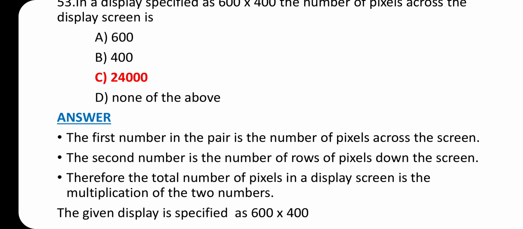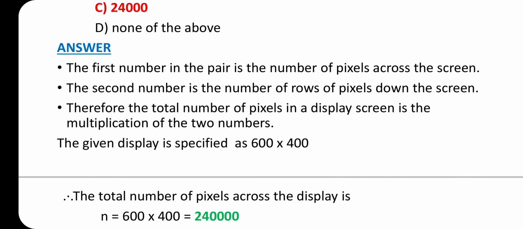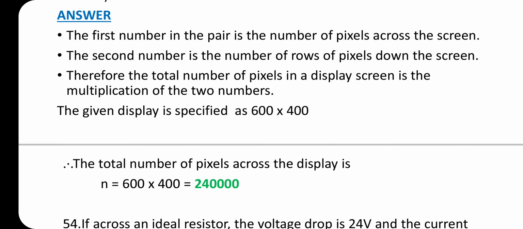Note, the first number in the pair is the number of pixels across the screen, that is here 600. And the second number, which is 400, is the number of rows of pixels down the screen. Therefore, the total number of pixels in a display screen is the multiplication of the two numbers. The given display is specified as 600 into 400.